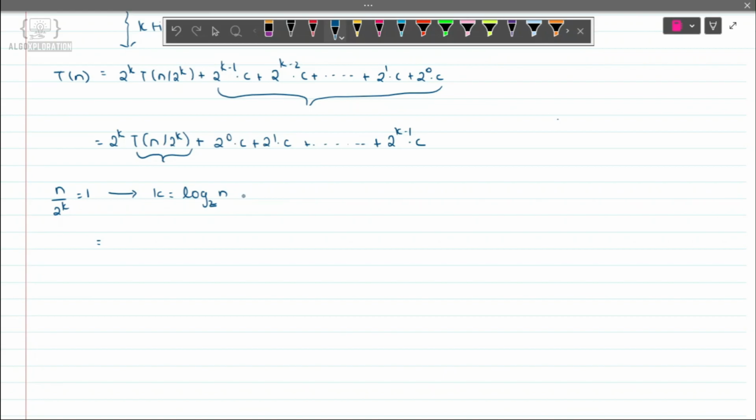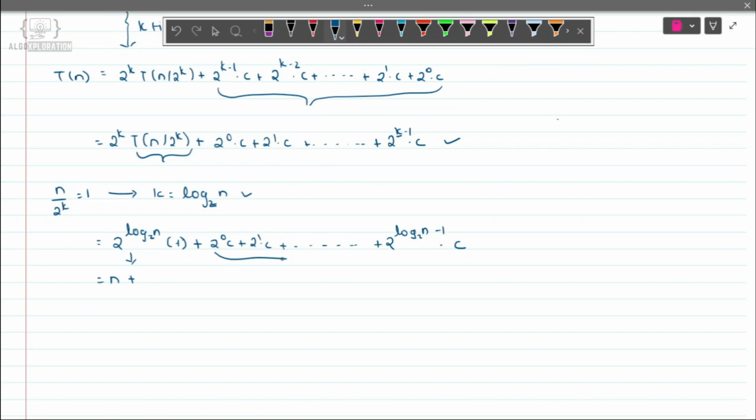Now substituting the value of k in this equation, we get 2^(log n base 2) into 1 plus 2^0 into c plus 2^1 into c and so on plus 2^(log n base 2 minus 1) into c. Now the value of the first term will be n.